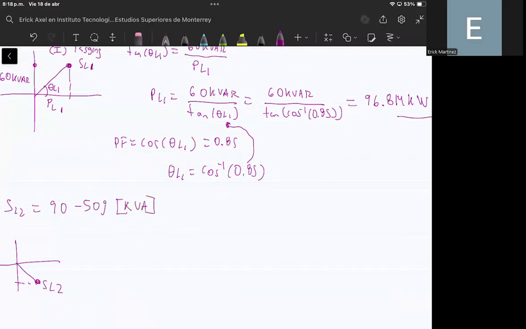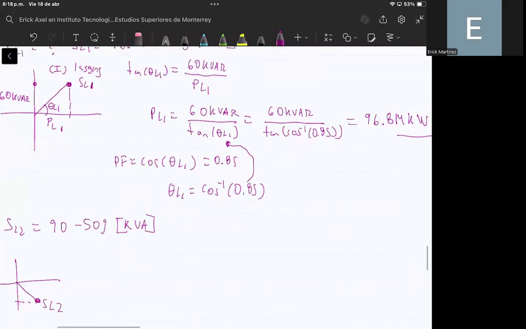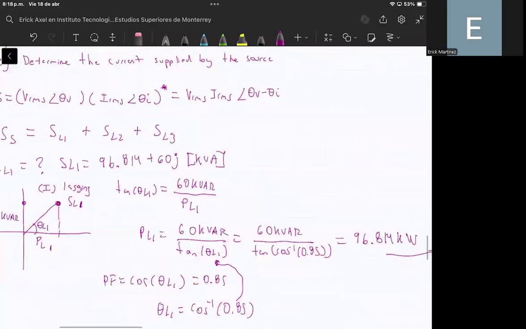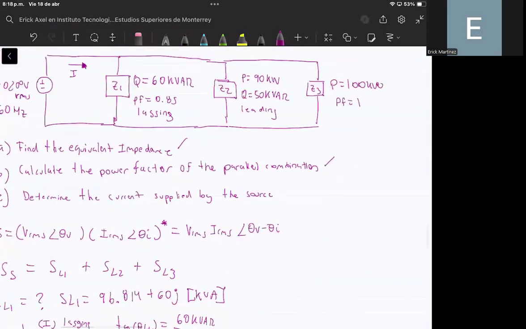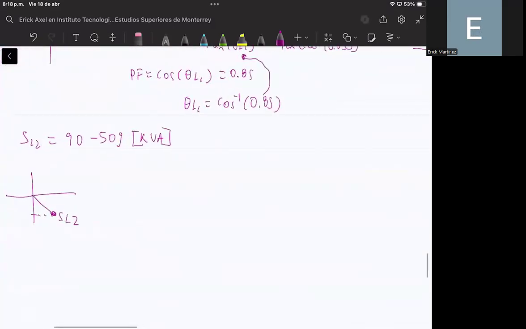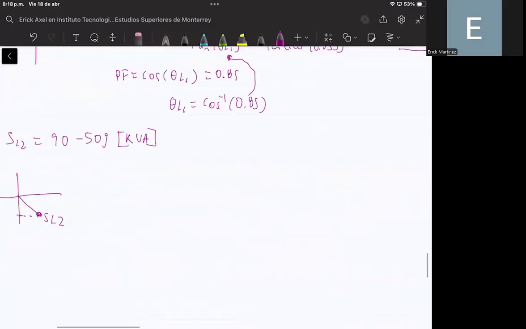The reason I am considering kilovolt ampere is because the real power is expressed in kilowatts and the reactive power is expressed in kilobars. So this is the second complex power.